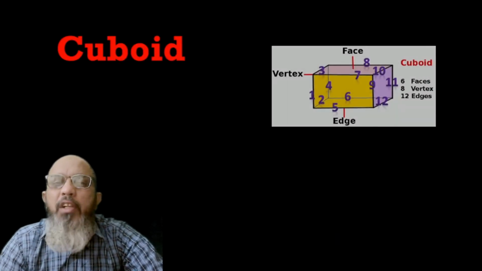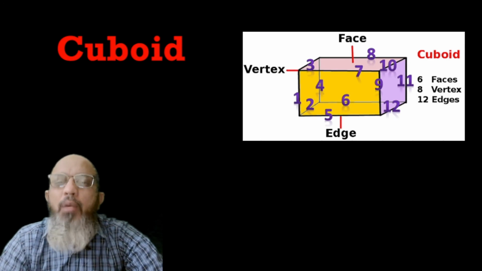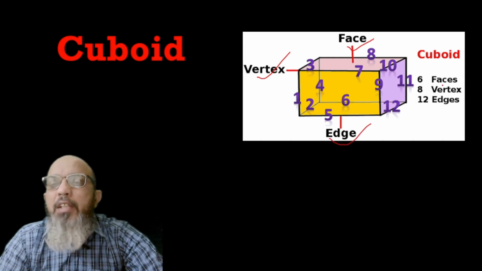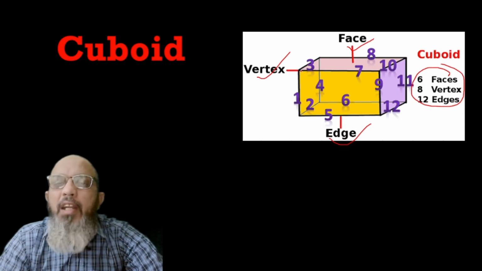Come to the next. What is a cuboid? There is not much difference between a cube and a cuboid except one thing: the vertices are the same, faces are the same, edges are the same, all things are the same as the cube. The only difference is that its dimensions may be different.